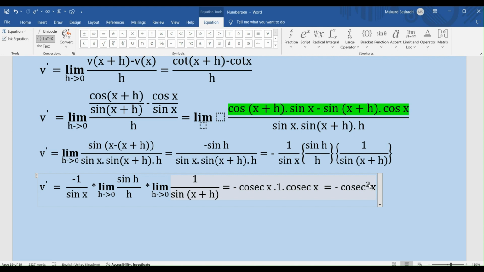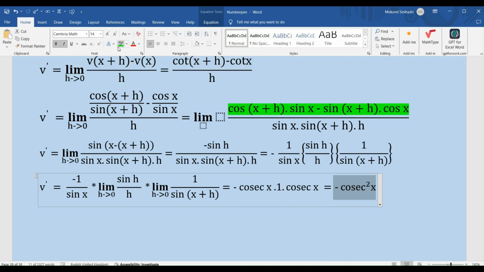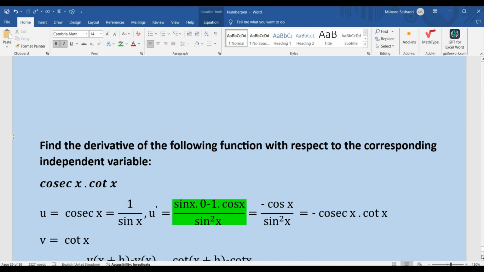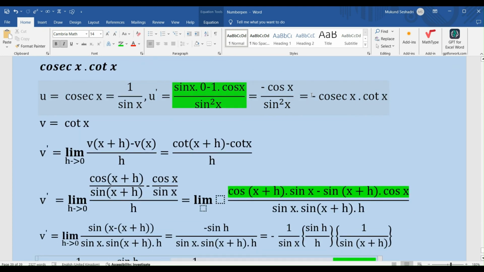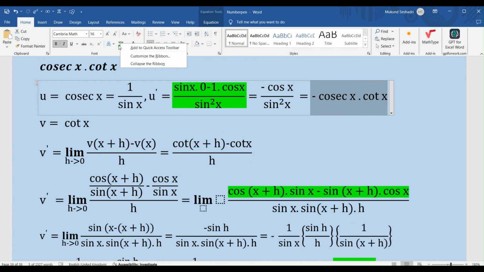So this is an identity which you can apply when you come across cot x in your functions, minus cosecant square x. And then we used the quotient rule to solve for cosecant x, which was minus cosecant x cot x, right?